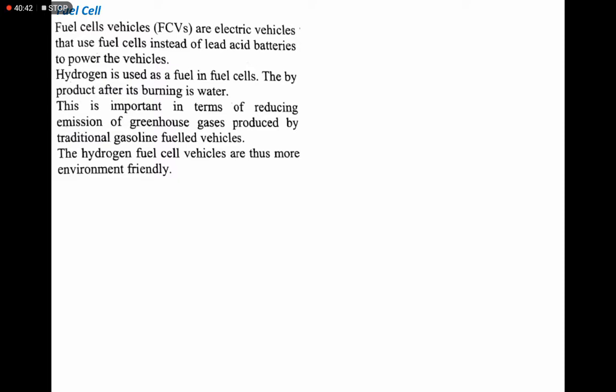It will be reduced by these electric vehicles, because there will not be greenhouse gases here. So hydrogen fuel cell vehicles are more environment friendly. It is eco friendly.